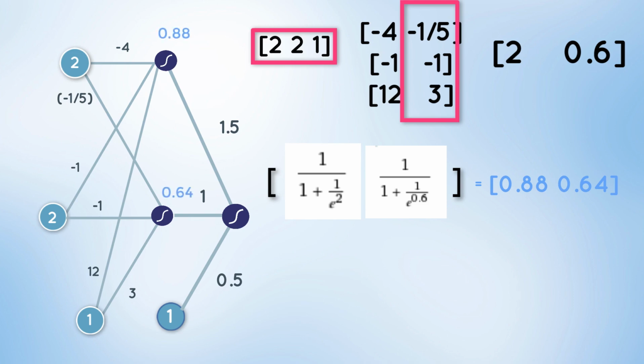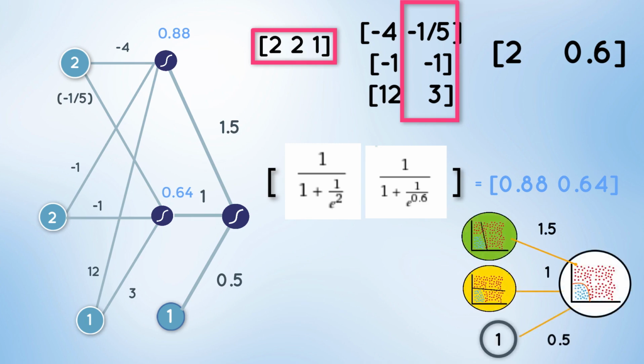Now we're at the second layer, and the second layer, recall, contains the weights which dictate the combination of the linear models in the first layer to obtain the nonlinear model in the second layer. In our case, our algorithm determined weights of 1.5, 1, and a bias value of 0.5.